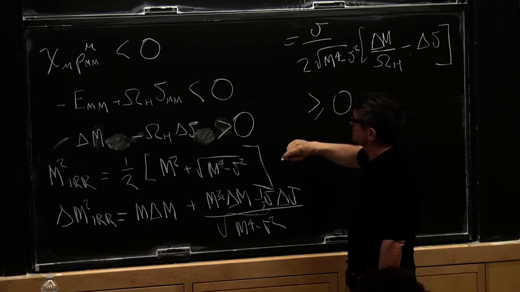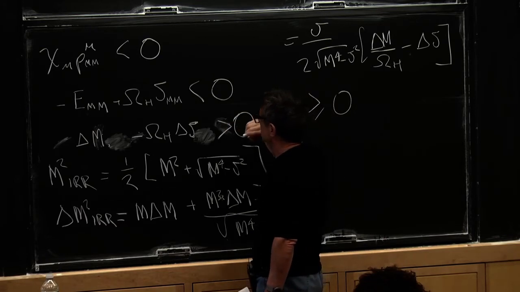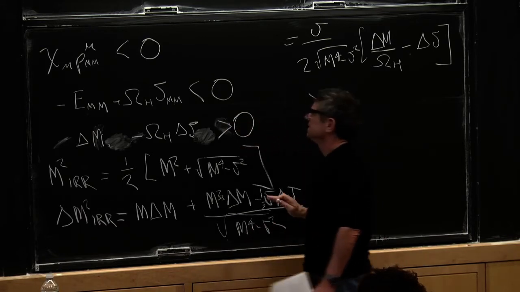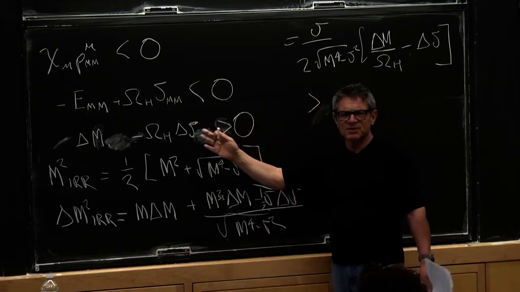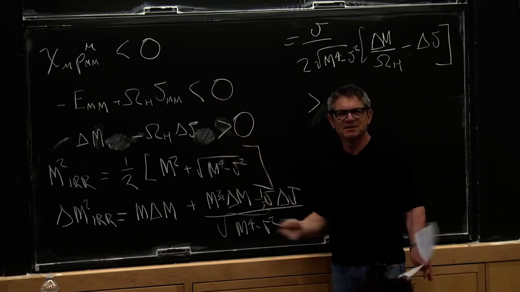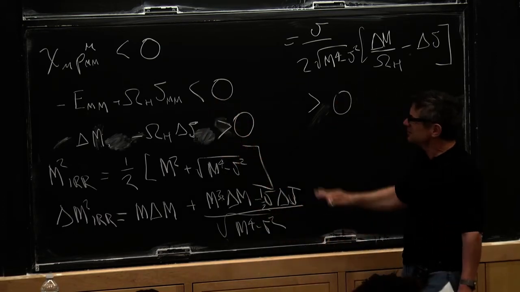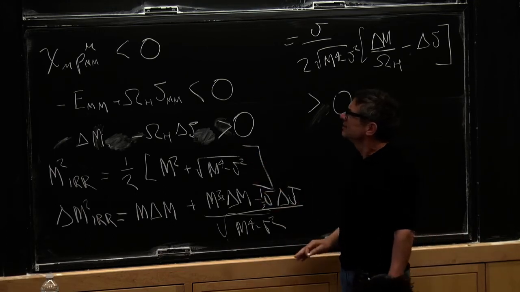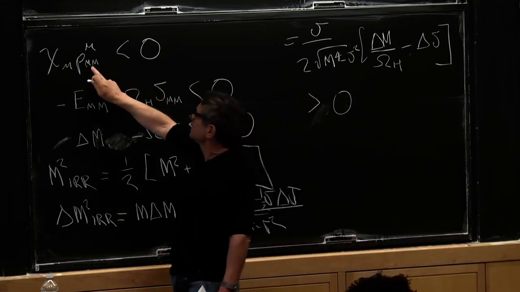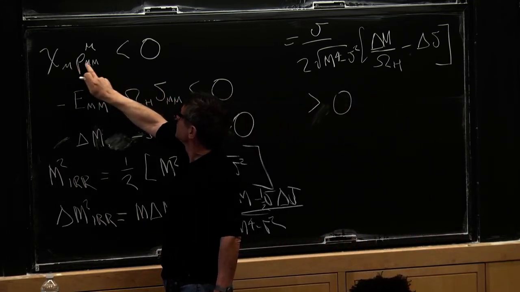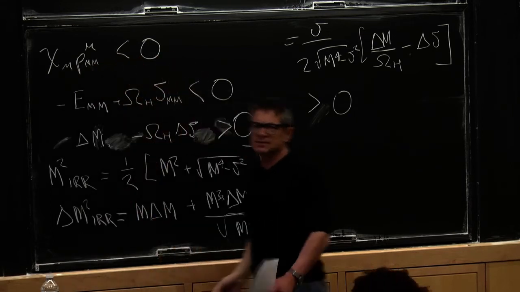Strictly speaking, there's a subtle question of whether you can saturate this inequality, and I don't want to get into that whole discussion, but I think you can't. If this is not null, this can't be strictly 0. It must be less than 0.